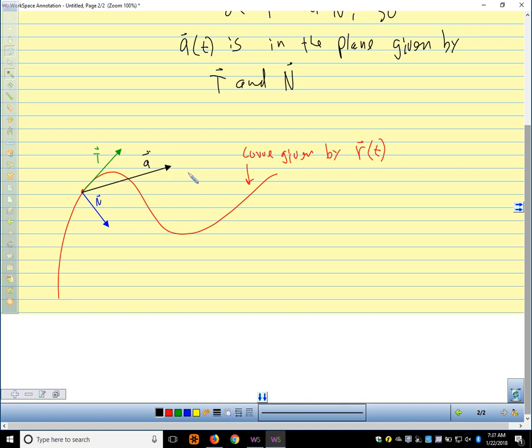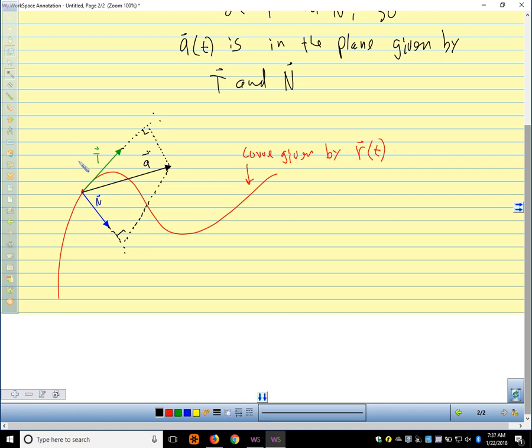Well, what I'm going to do is extend this like so, and make that a 90-degree angle. And I'm going to extend this vector like so, and make that a 90-degree angle.